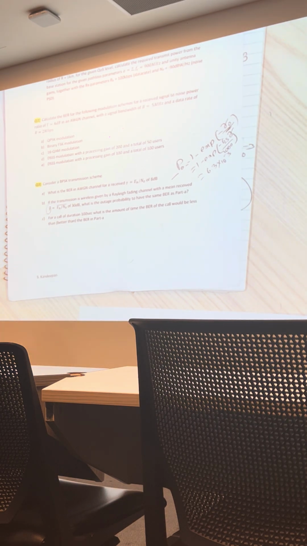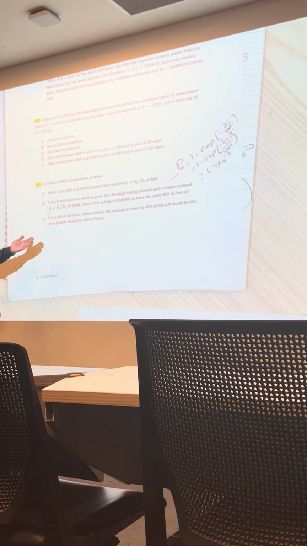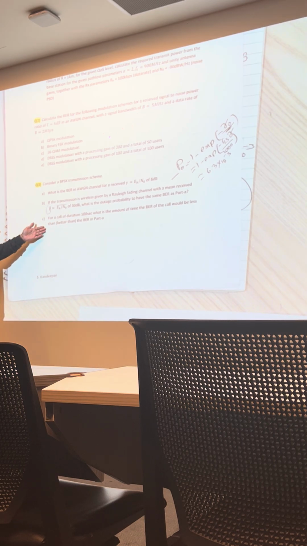All right. So now this is a challenging part as well. Can you try and attempt this? For a call duration of 100 seconds, what is the amount of time the bit error rate of the call would be less than, or better than, the bit error rate in part A?